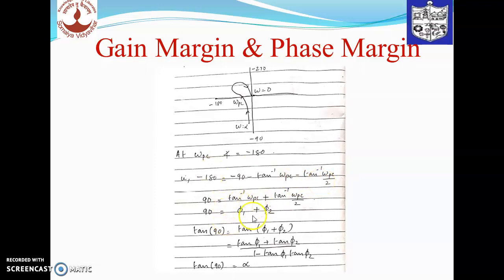So solving, I get 90 equal to phi 1 plus phi 2, where phi 1 is tan inverse of omega pc and phi 2 is tan inverse of omega pc by 2.